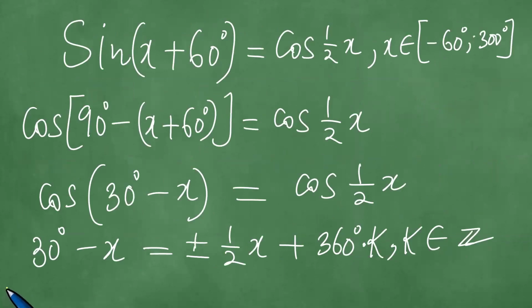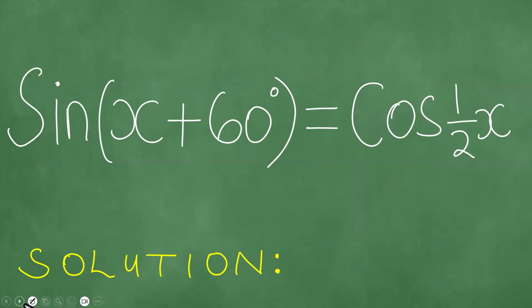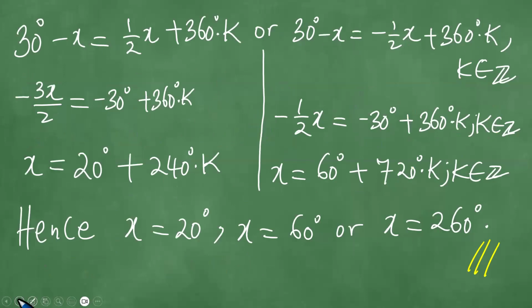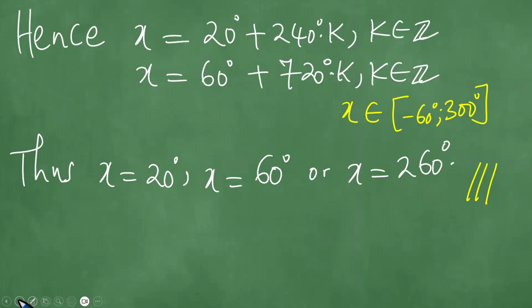And in the first case here, we actually used method 1. Right. And we are done solving this question over the required interval. And therefore, we are done solving this particular question.